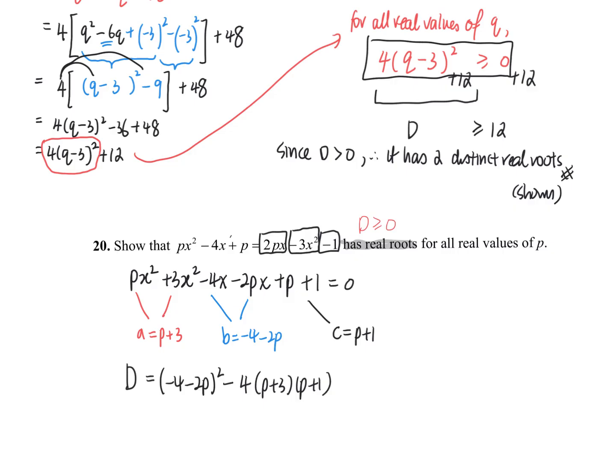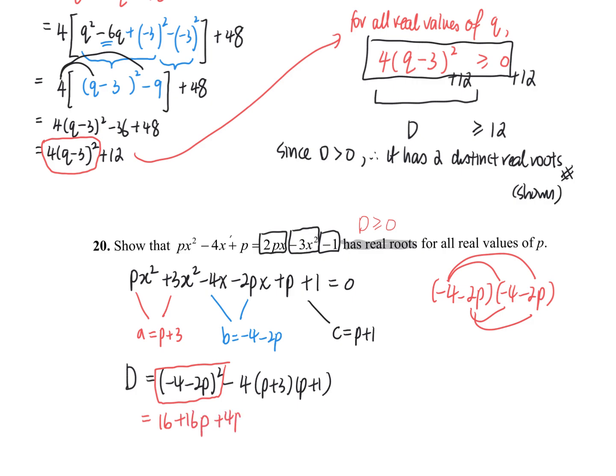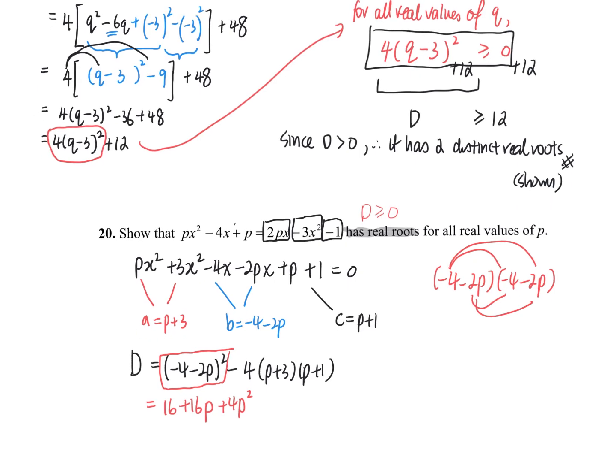If you are the careless type, for this one, you can always write it outside and expand them one by one, so that you won't make mistakes. So this is 16, then plus 8p plus 8p, so plus 16p, and then plus 4p squared. So if you are the careless type, write it at the side. Yes, can.